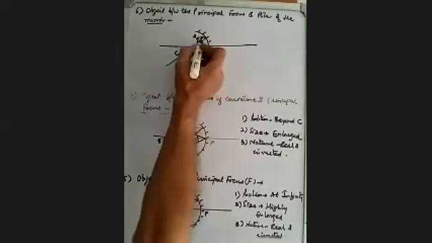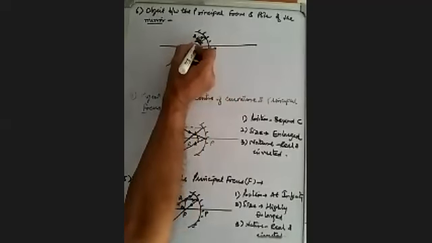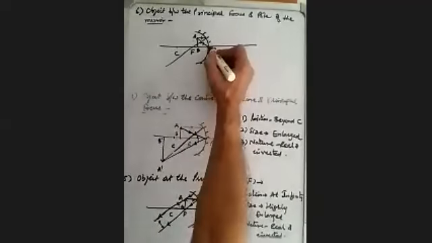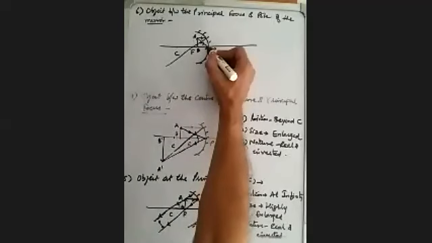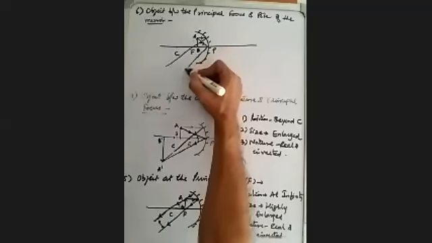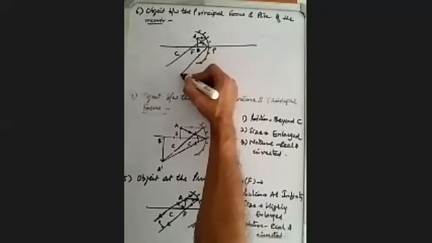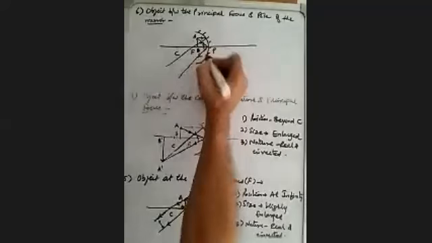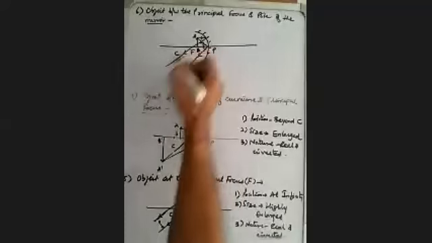Let us say at P, it is incident at angle i. So this is the incident ray. And it will be reflected making an equal angle. So these two angles are equal. And this is the reflected ray.